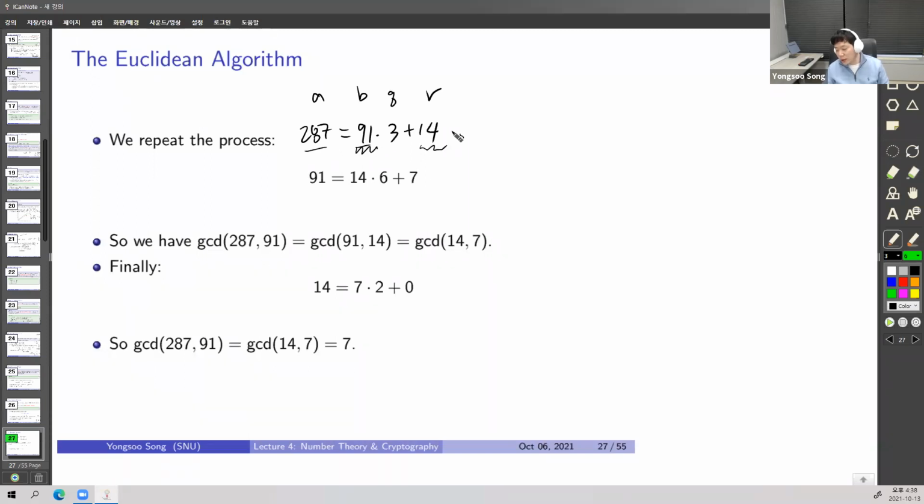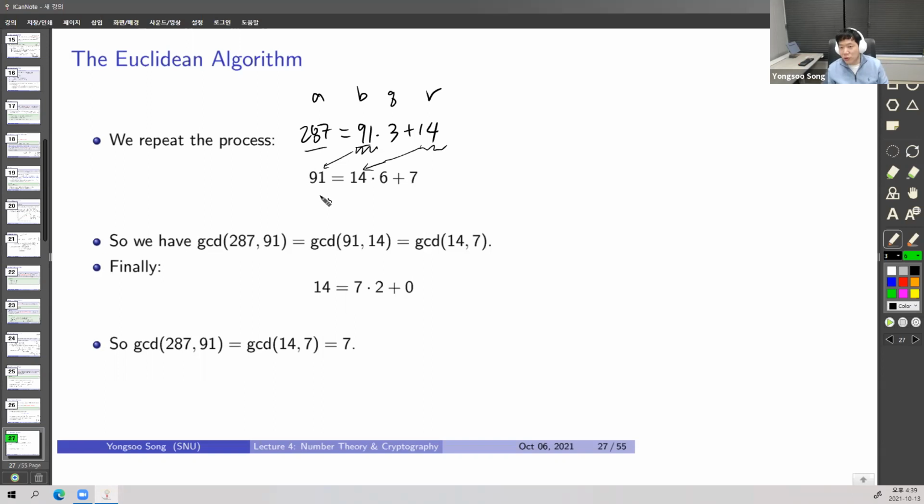And we repeat the process because now this B value goes to A and this R value goes to the position of B. And now we divide this new A by new B, and get a new quotient and new remainder.